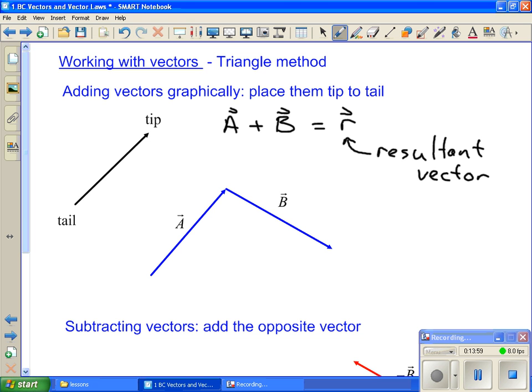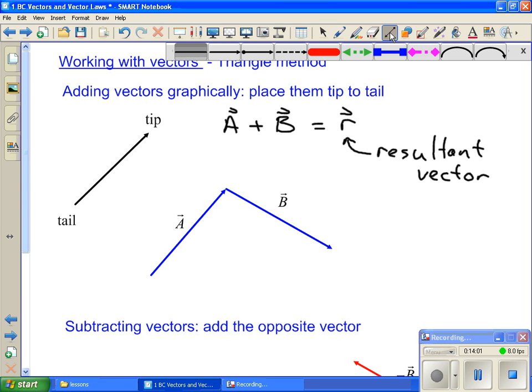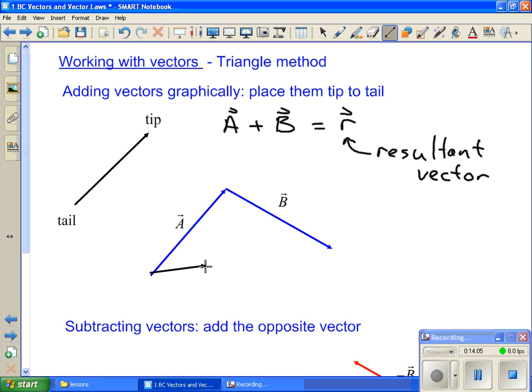Okay. So our resultant vector runs from the tail of our first vector to the tip of our second vector. So this would be our vector R right there like that. Okay. So we always place them tip to tail, and that little triangle there forms our resultant vector.